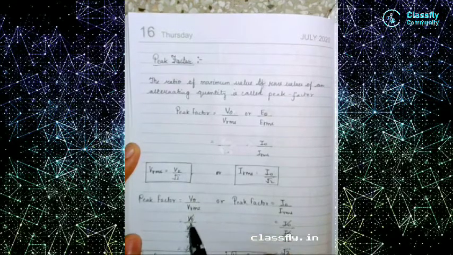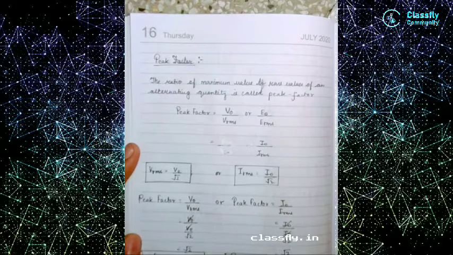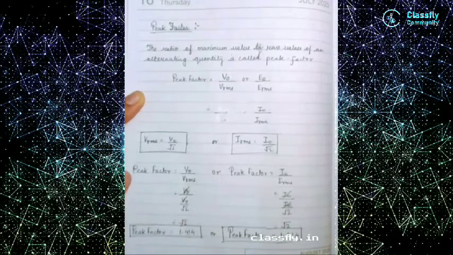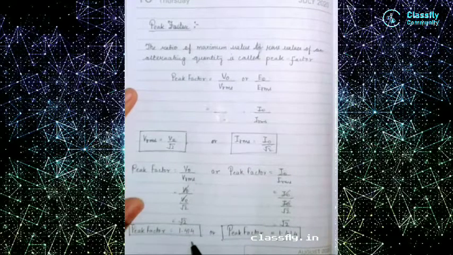Peak factor is V naught by Vrms. So we write V naught, and for Vrms we write V naught by root 2. V naught gets cut and we get root 2. When we solve this, we get 1.414.